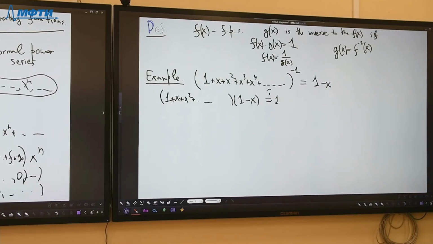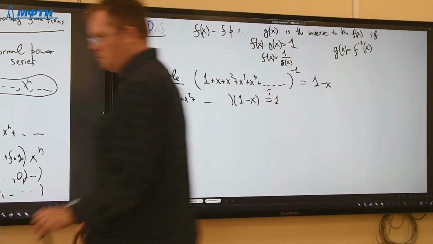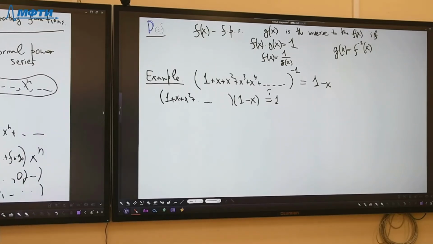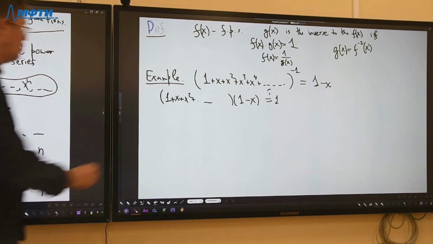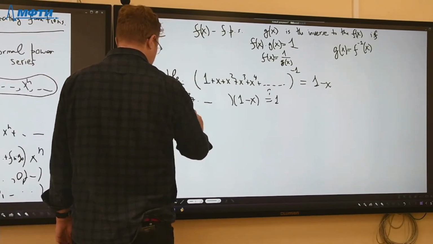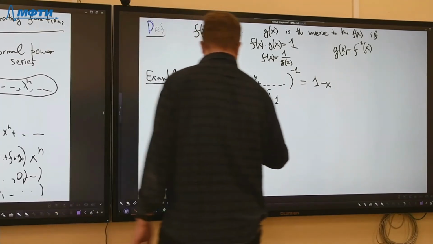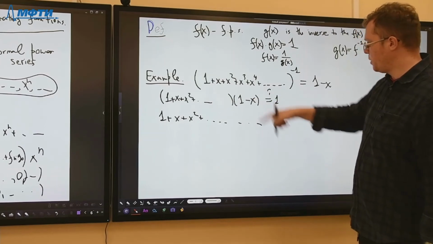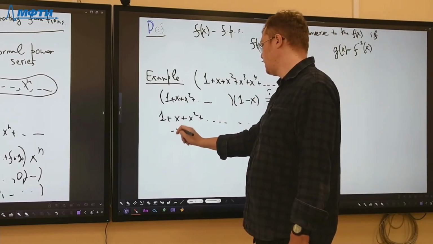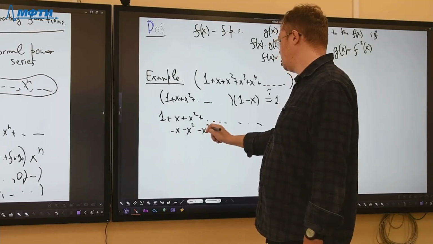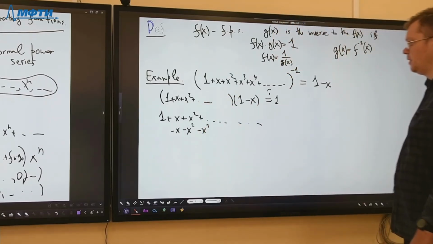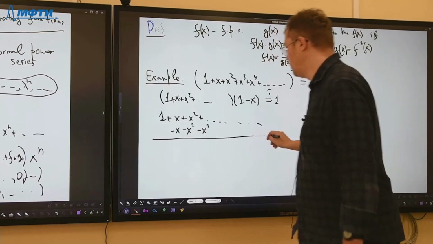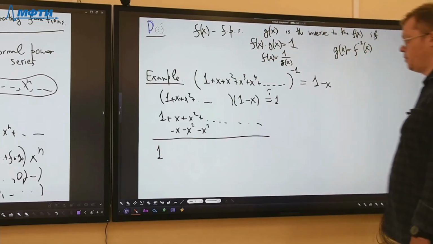Is this correct? If you multiply by 1, that will be the same power series, and when I multiply by minus x, I get minus x squared, minus x cubed, and so on. If you sum this up, I will get 1 here and 0 everywhere else.